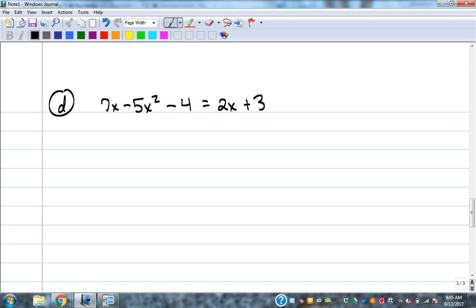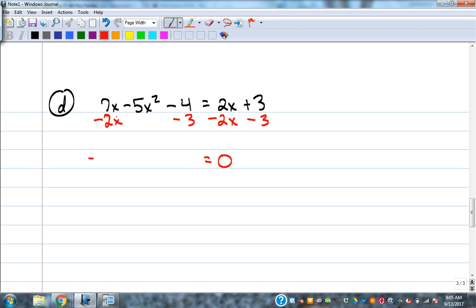All right, so we got to work it out. What do we need to do? What are we trying to get? 0 on one side. Doesn't matter which side. If I'm looking for the path of least resistance, the side that's got 2 pieces on it would be shorter to move than the side that's got 3 pieces, right? So how do I move that? Subtract 2x from 7x, and then subtract 3 from negative 4.